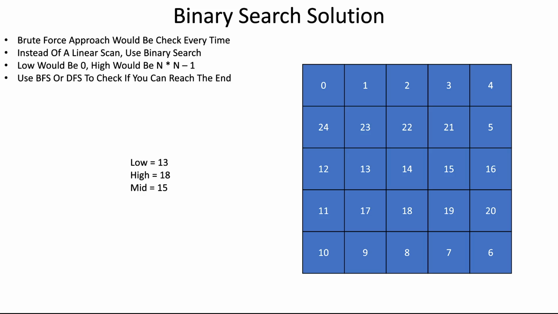The new mid is 15. We see that we cannot reach the end with 15, so we raise the low variable again to 16, which is 15 plus 1. Now at 17, we see that we can reach the end, so we lower the high variable. And now we see that low and high are equal to each other, so we stop and return 16 as our answer.